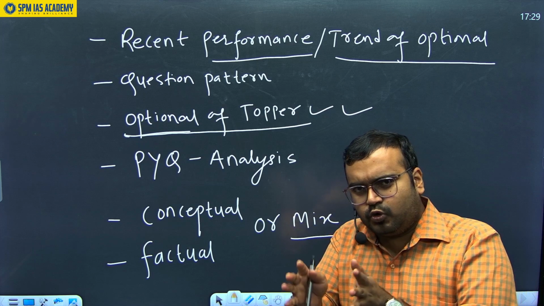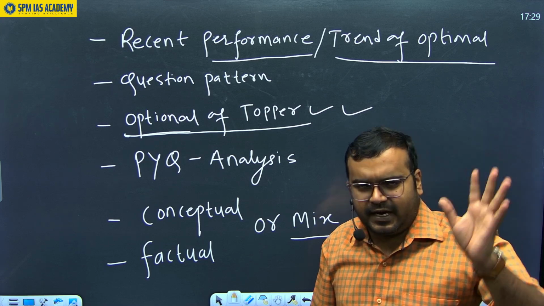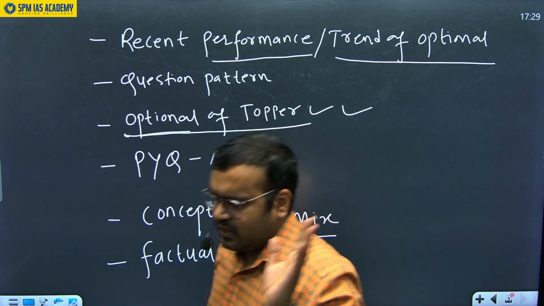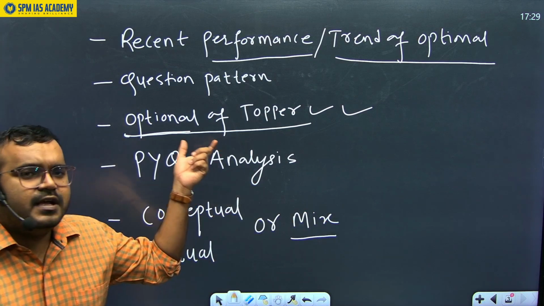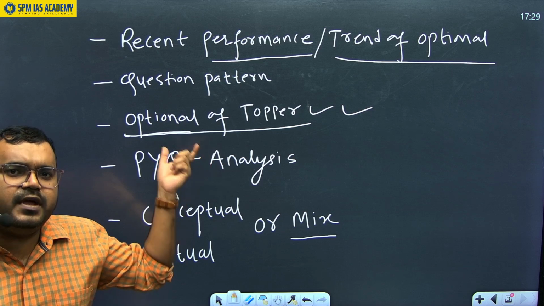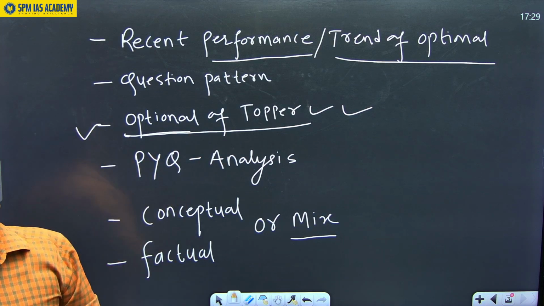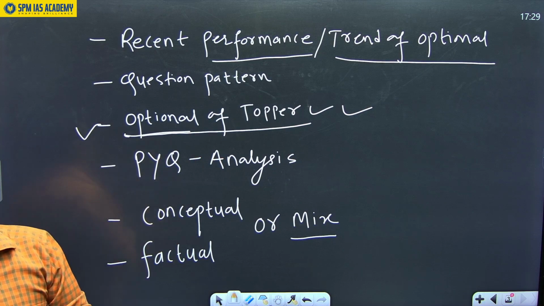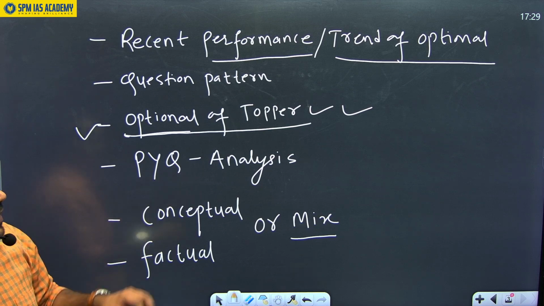So in the past 2 to 3 years, this is not going to be the trend all the time, always, right? So this cannot be your sole criterion, where the optional of the topper is going to be your optional also. Rather, you have to consider other aspects too, the ones we have also discussed previously.